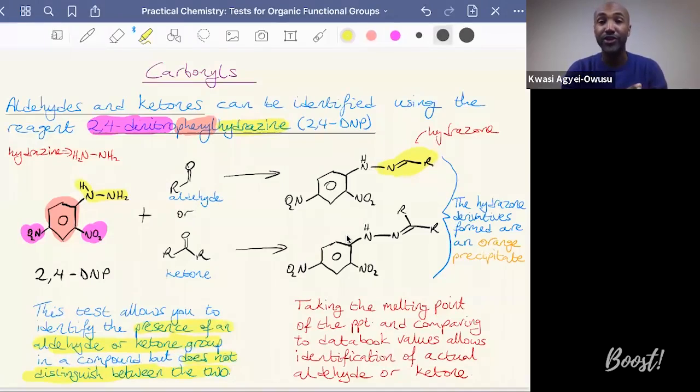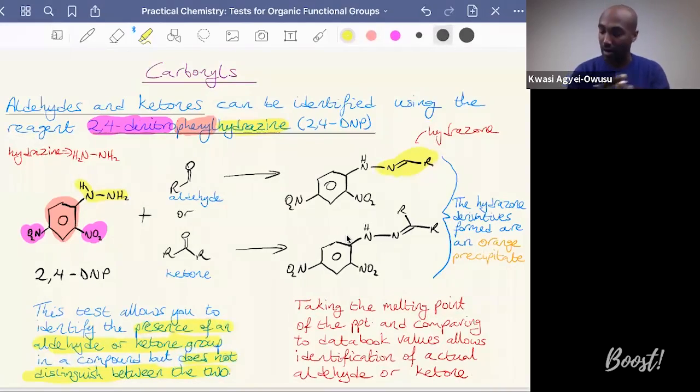However, you can take this test one step further. If after making your hydrazone precipitate, the orange solid, you then purify it and then dry it and take a melting point of it, you can compare that melting point to data book values that would allow you to identify the specific aldehyde or ketone that makes the hydrazone derivative of that melting point.